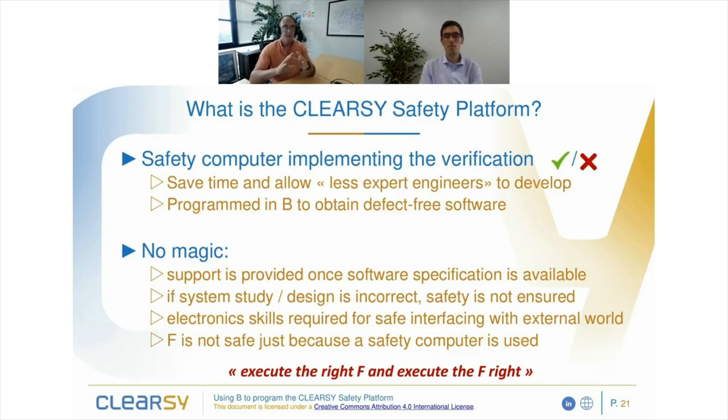And what is really important is F is not safe just because you are using a safety computer. It's not because it's safety ready that your function is doing right. And so the main summary for this is execute the right F and execute the F right. And this requires a lot of different skills for achieving this.